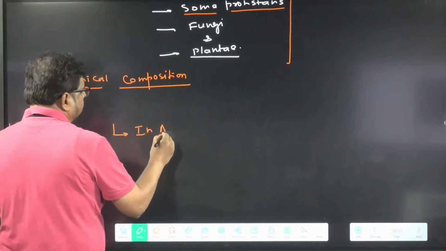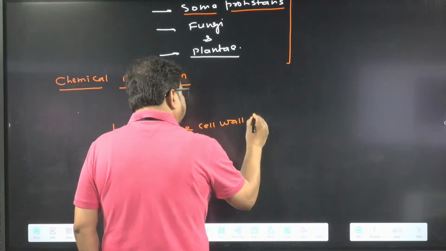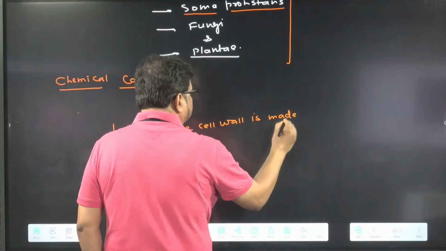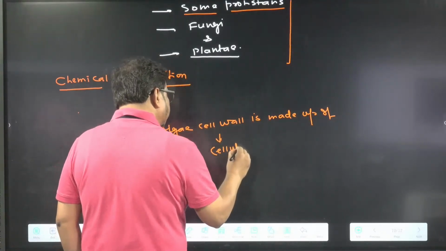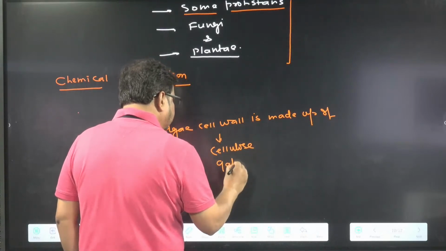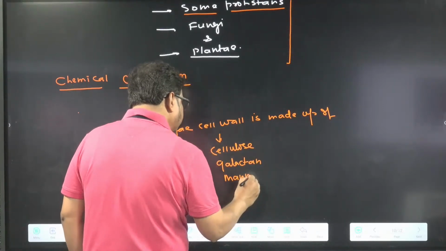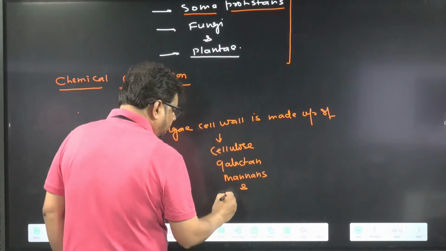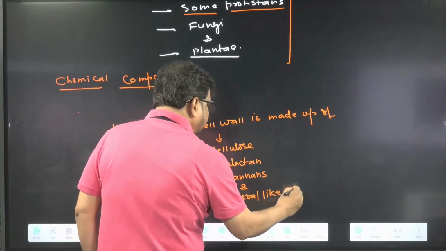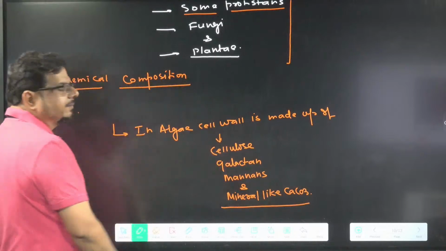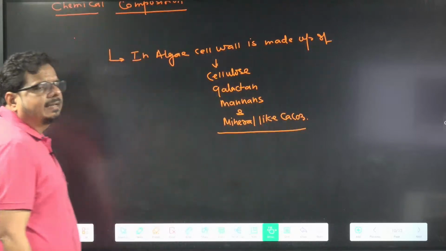In algae, the cell wall is made up of cellulose, galactans, mannans, and minerals like calcium carbonate. So this is the composition of the algal cell wall.